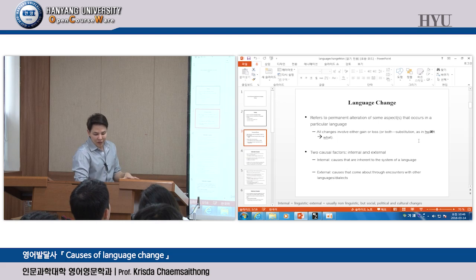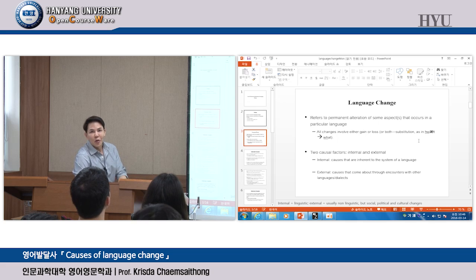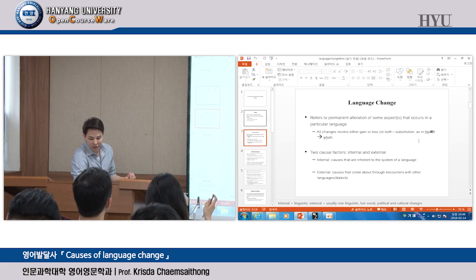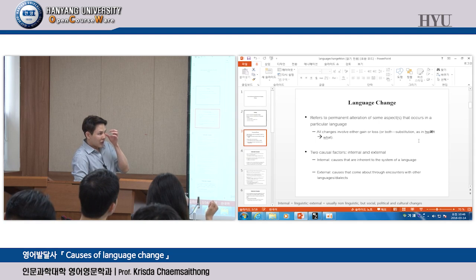And when we talk about language change, for many people, maybe most people, when they perceive language change, they think of it as something bad, and they have a negative reaction to it, right? Think about your family members who are older than you, or your professors.